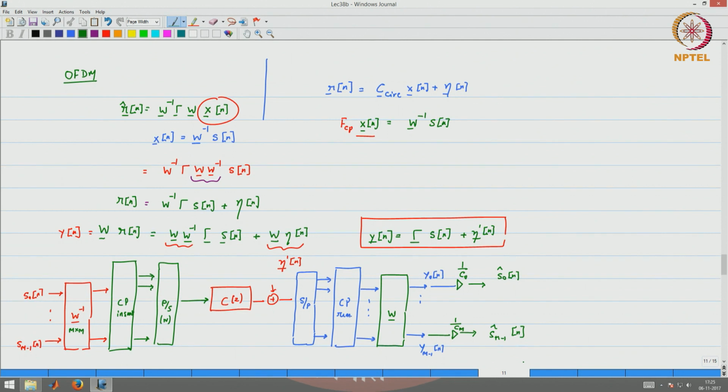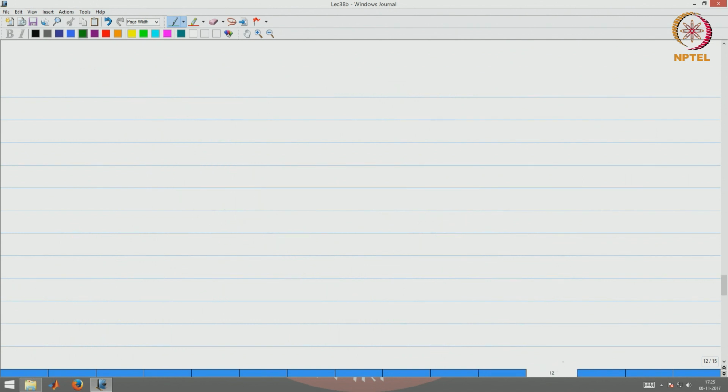Okay. Now, if this is an equivalent representation of C naught, then the simplified representation is absolutely spectacular, because now what you find is the equation is S naught of n, S1 of n, Sm minus 1 of n. It is as if each of these is getting multiplied by corresponding complex coefficients in the channel.